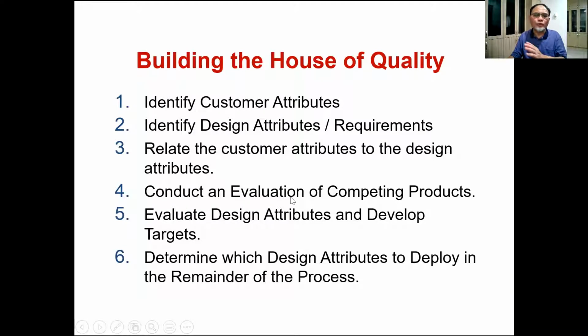You also want to do an evaluation of the competing products against specific customer needs. You compare how you stand against your competitors. Then you evaluate your design attributes and develop your own technical targets, the objectives that you want to achieve with regard to competitors. And of course, if you want to continue to the next house, then you deploy to the remainder of the process. That means your design attributes will become your "whats" in the next house.